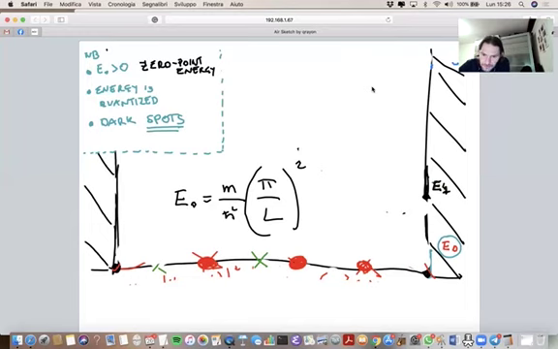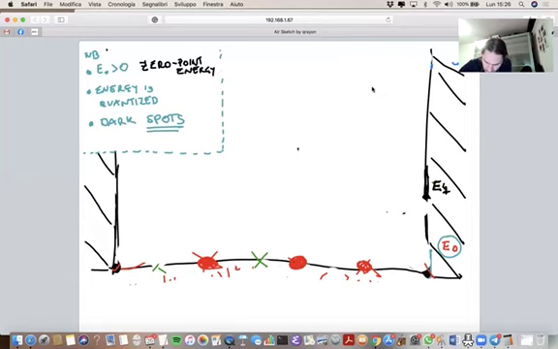Now, we know that roughly speaking, the mass was in the denominator, right? Okay, the energy was proportional to h bar squared, pi squared, over L squared, and m in the denominator.